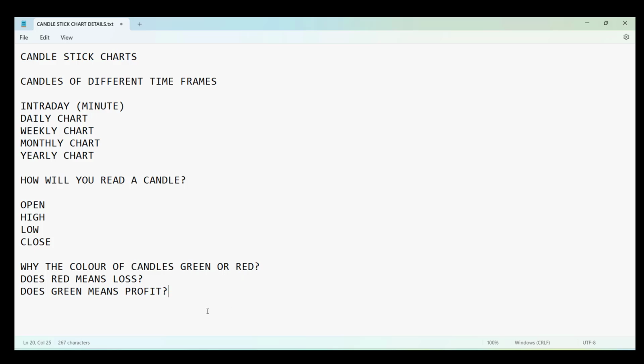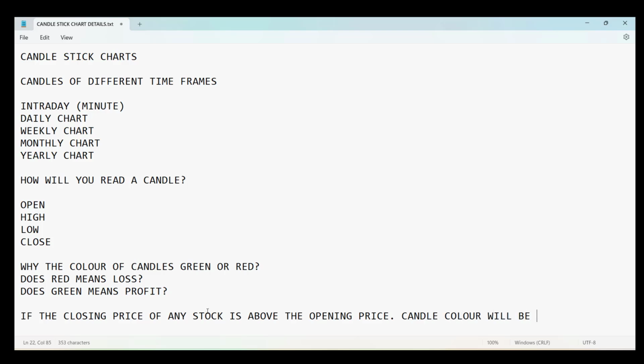So we will write down here: if the closing price of any stock is above the opening price, the candle color will be green.